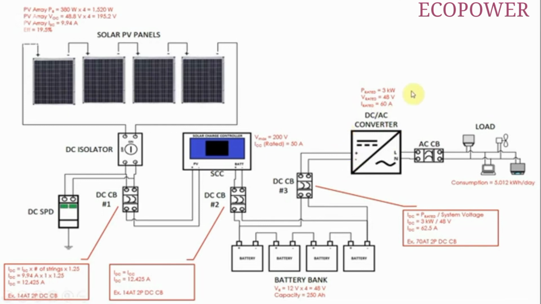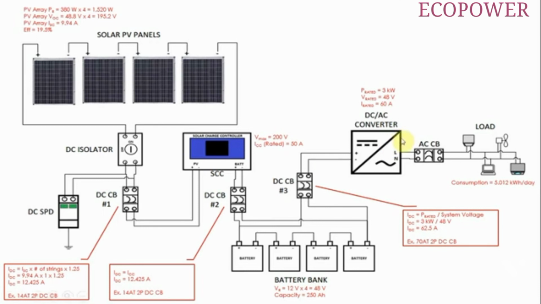So that's 3 kilowatts divided by our system voltage of 48 volts. The current flowing through here is around 62.5 amperes. So in this example, we chose a DC circuit breaker with a rating of 70 ampere trip, 2-pole.